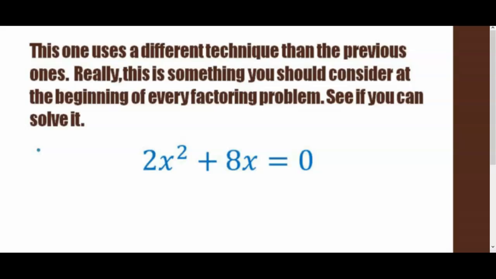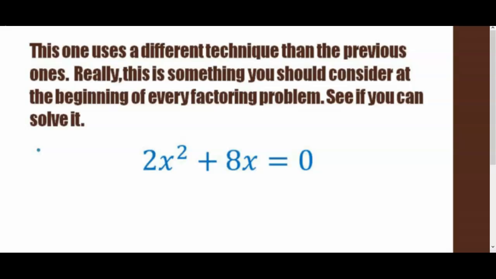in this example, I have 2x squared plus 8x equals 0. So it's set equal to 0, so step 1 is done. Now I need to factor it. But what happens here is my C value is 0.